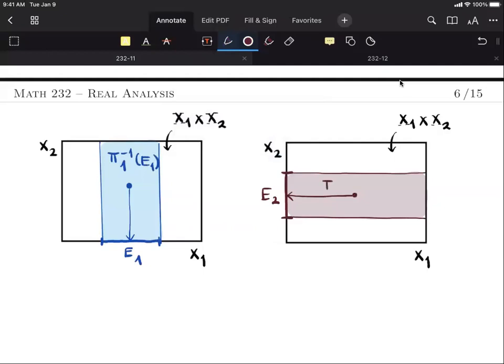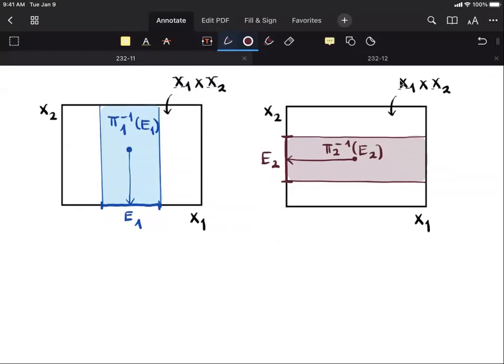This will be this shaded region. So you can write the inverse image of the projection pi 1 on E1 as E1 cross X2.